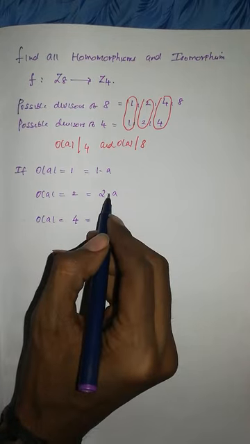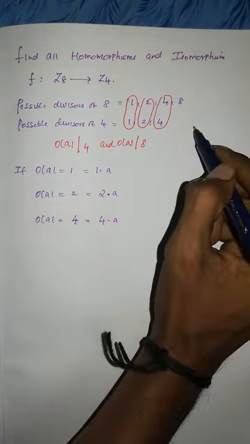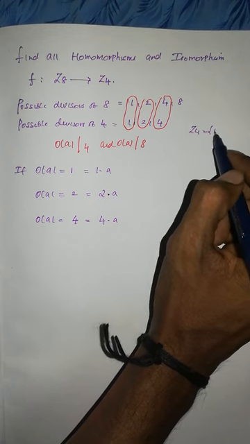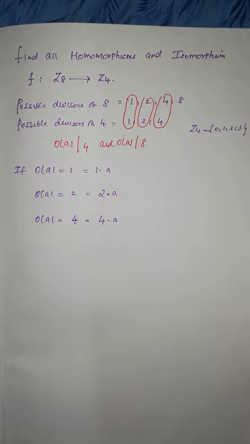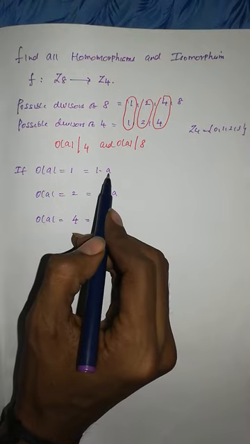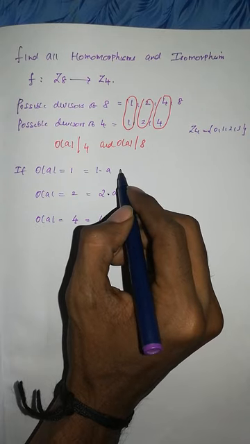Here this dot represents the binary operation, and the binary operation is addition modulo 4. You want to choose an element from the codomain, which is Z4 here. So Z4 has 0, 1, 2, 3. So here you have 4 elements.